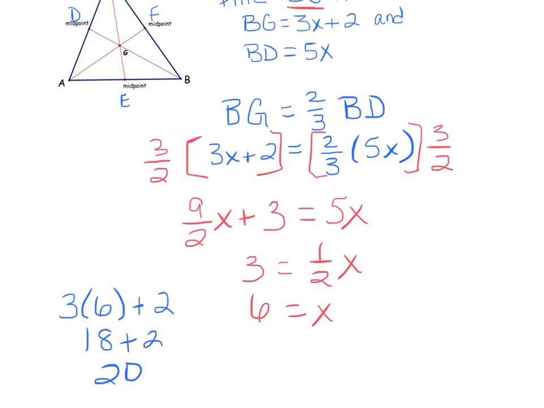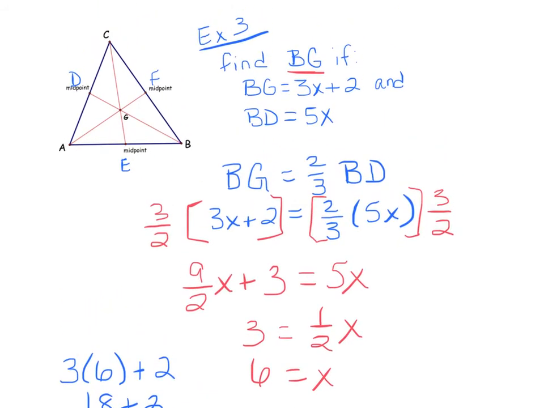So let's double check that BG is correct. If this is 20, and we know the whole thing is 5 times 6, which is 30, we should expect that the segment from G to D would be 1/3 of the entire thing, which it is, which we can find by subtraction.